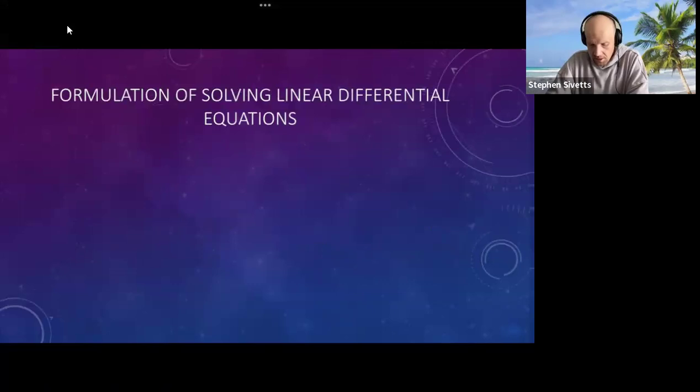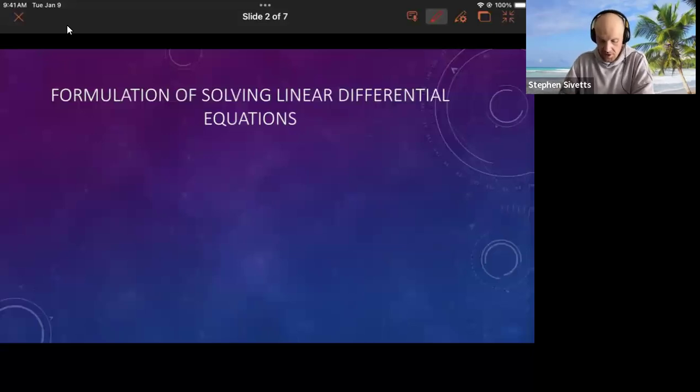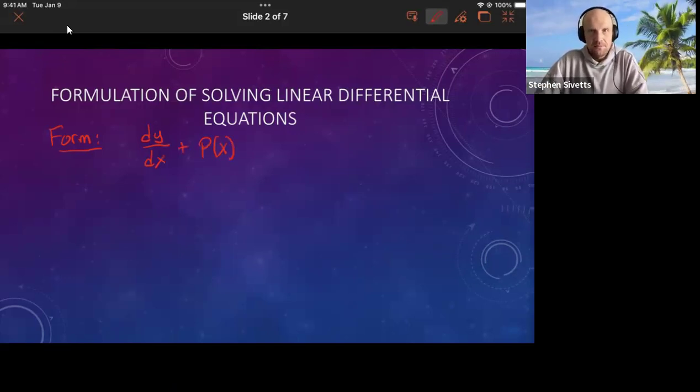So here is the formulation on how to solve these types of differential equations. So the form is going to look like this, okay? You have dy dx as its own quantity, plus some function in x, we'll call it p of x, times y, and this equals some function of x, we'll call it q.